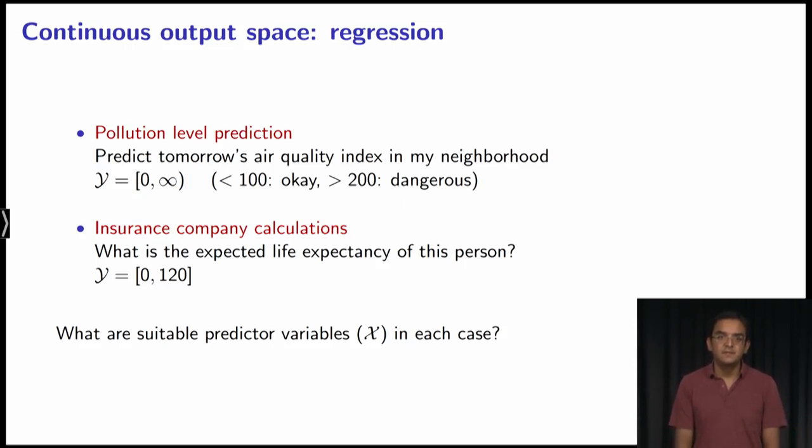Okay. Now, one interesting question to think about is, what are suitable predictive variables for these kinds of regression problems? For example, life expectancy. What are the sort of pieces of information that might be helpful in determining this?